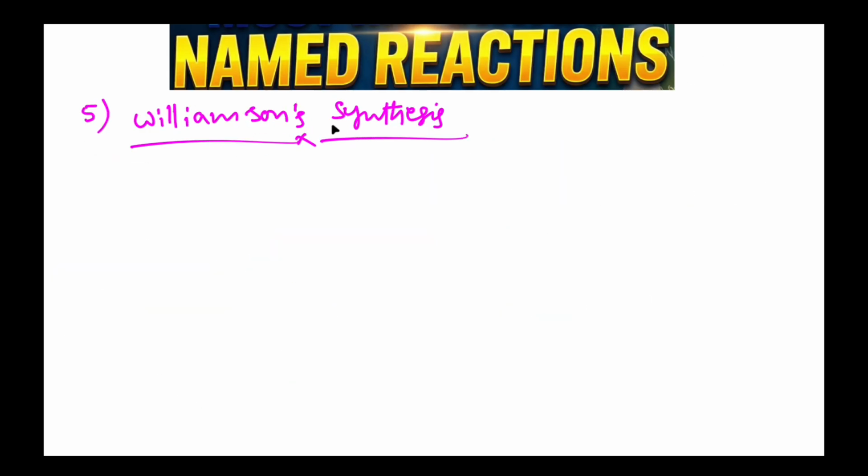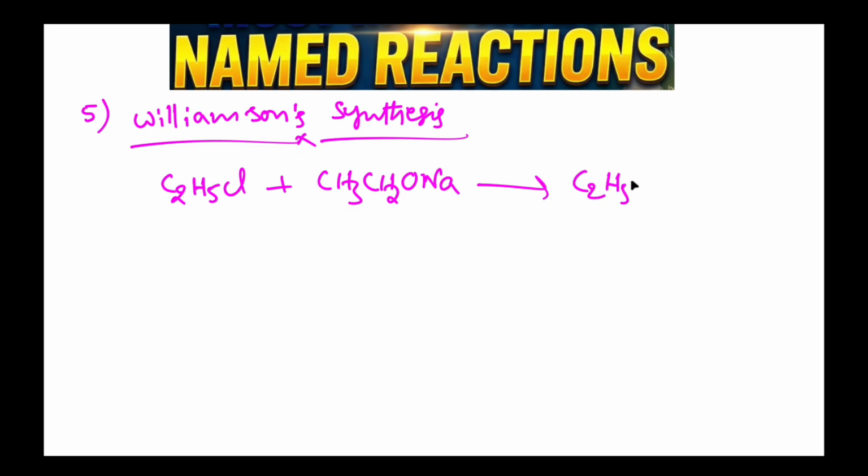The next reaction is Williamson synthesis. In Williamson synthesis, alkyl halides like ethyl chloride and methyl chloride, whatever it may be, are reacted with sodium ethoxide. We can get ethers, diethyl ether plus NaCl. In Williamson ether synthesis, alkyl halides react with sodium alkoxide.